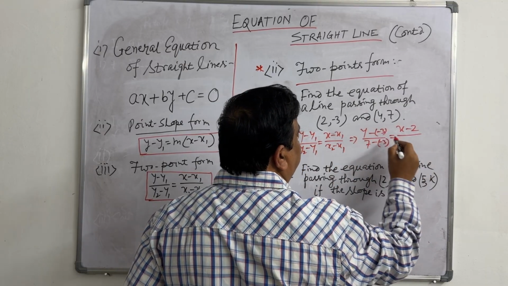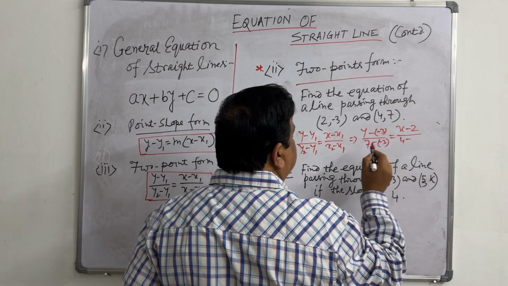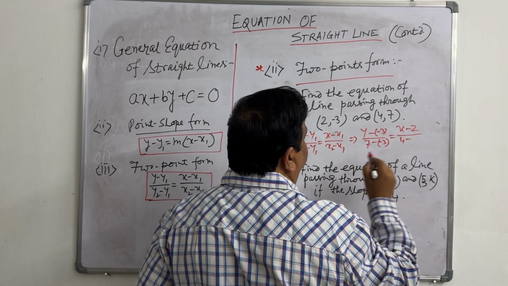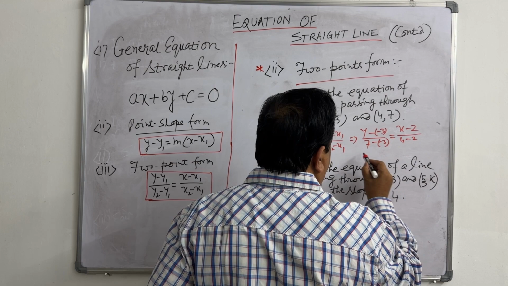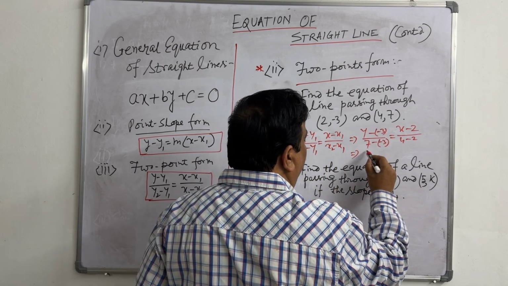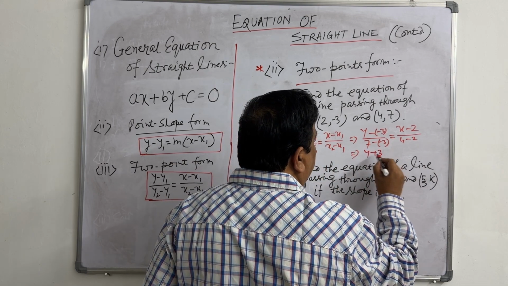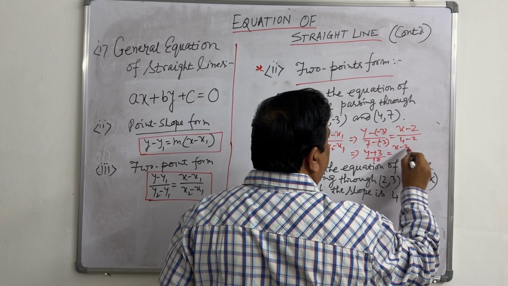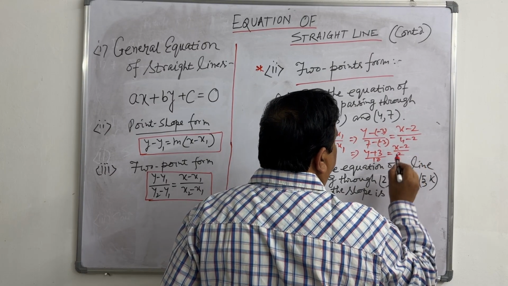What is x2? That is 4 minus x1. What is x1? That is 2. Okay. So what are you getting? (y plus 3) by 10 is equal to (x minus 2) by 2.